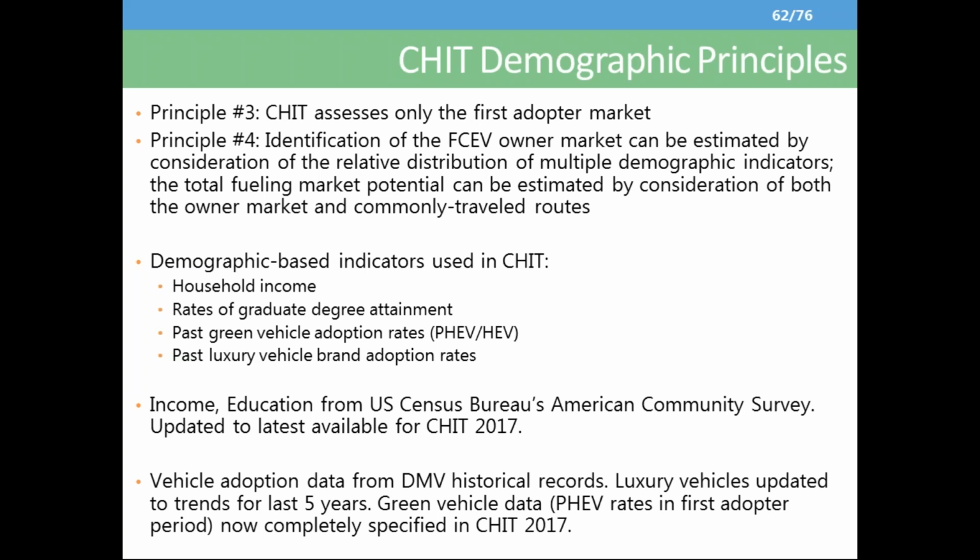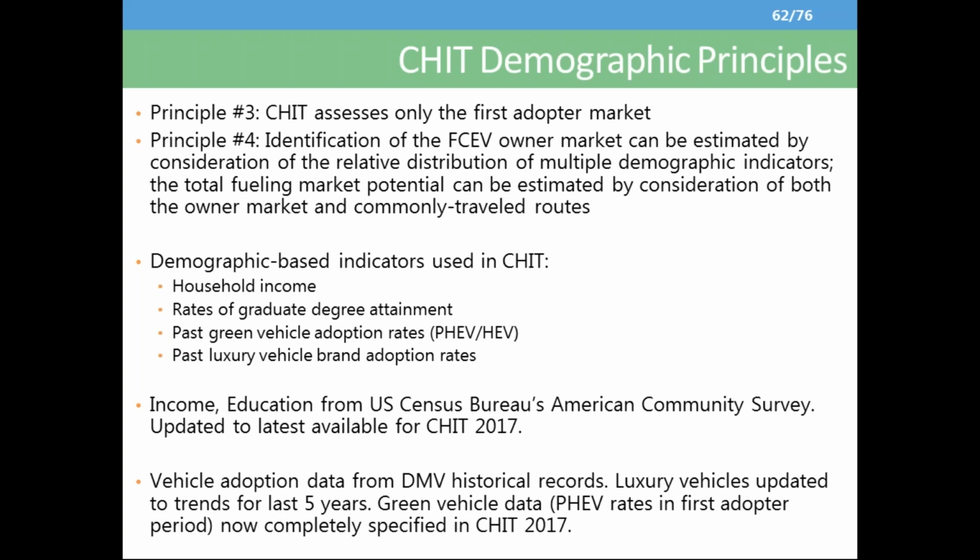And then for the green vehicle data, we're in particular looking at PHEV and hybrid vehicle first adopter periods. In 2015, there was plenty of historical data where you could clearly see the demarcation of the first adopter period for hybrid electric vehicles. So we already had all of that data, but plug-in hybrids were still only a few years old. Now we have more information to fill in that same period for the plug-in hybrids.